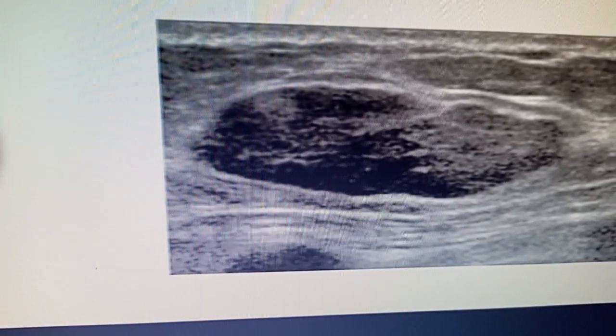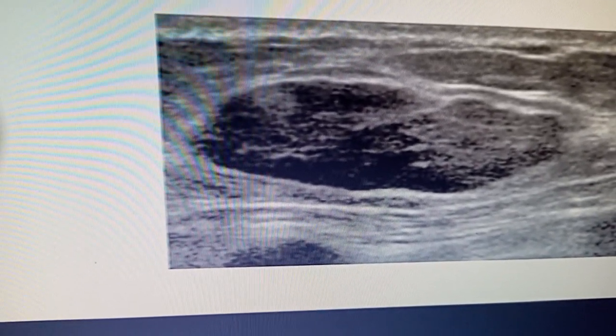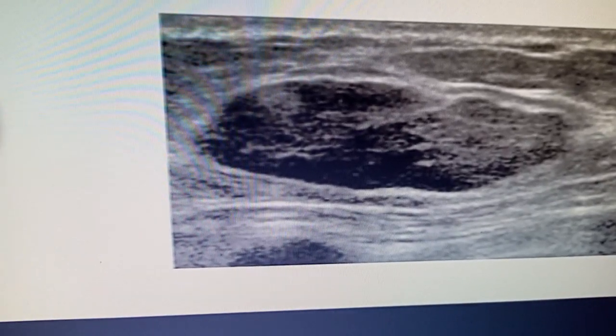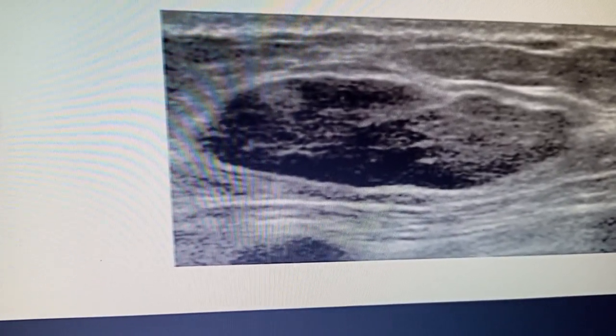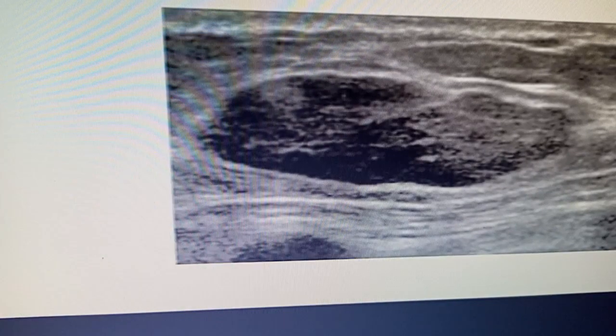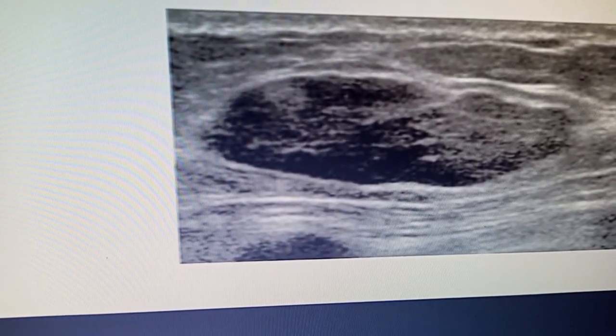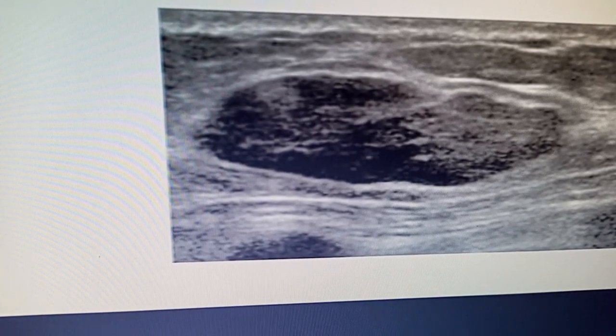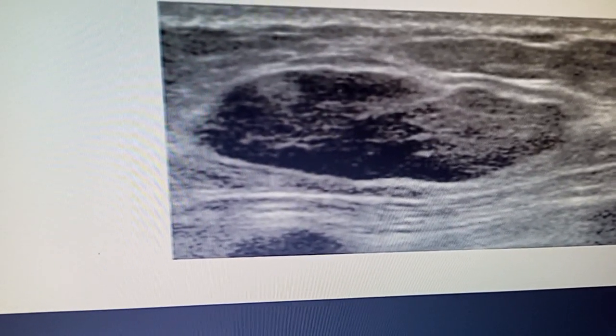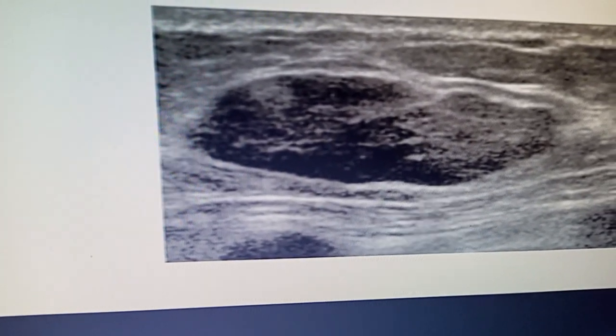Fibroadenoma appears as hypoechoic masses with thin pseudocapsule, macrolobulated margins, and these are wider than tall, and these are categorized in the BI-RADS 2. So the fibroadenoma is categorized as a BI-RADS 2 lesion.